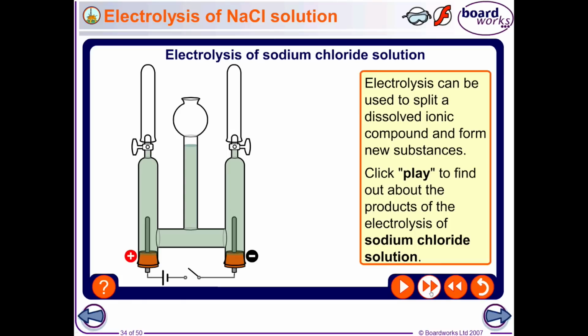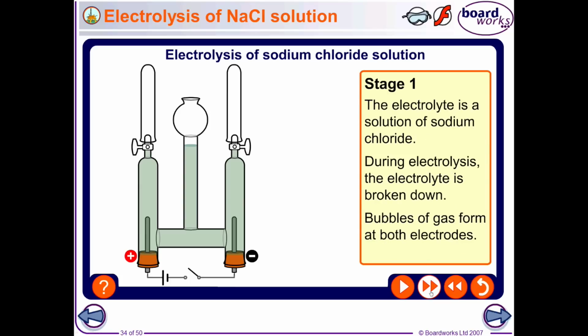So we're going to deal with the positive electrode first. If we look over to the positive electrode, I'm expecting the chloride ions, Cl minus, and the OH minus ions to be attracted over to this side. Now the choice then is which of those 2 ions is going to be discharged and given off.